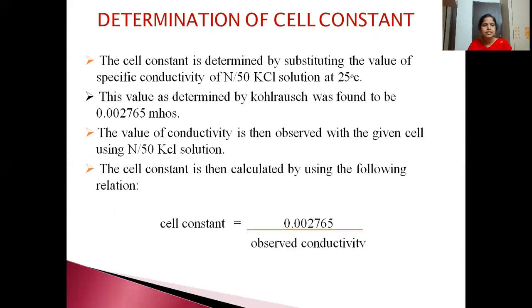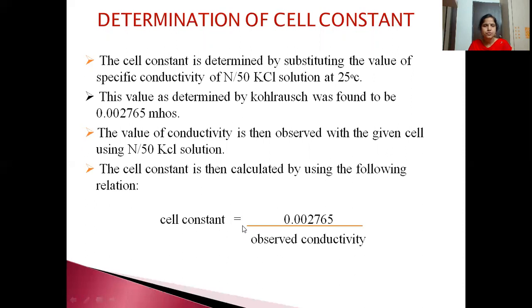Then the cell constant will be equal to the specific conductivity divided by the observed conductivity. The specific conductivity is a known value which is given, and whatever the observed conductivity is, we substitute it here. By dividing these two values, we get the cell constant.